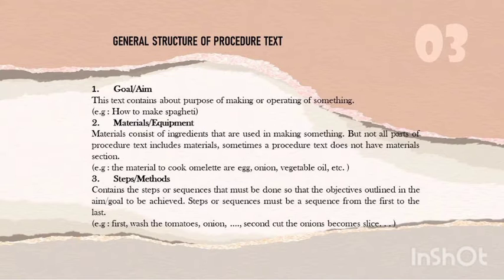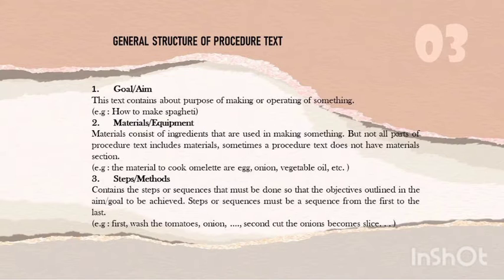And then the last, steps or methods. This part contains the steps or sequence that must be done so that the objective outlined in the aim or goal can be achieved.